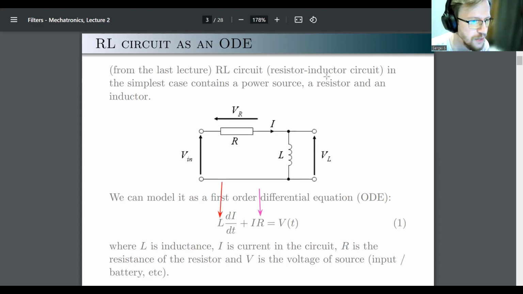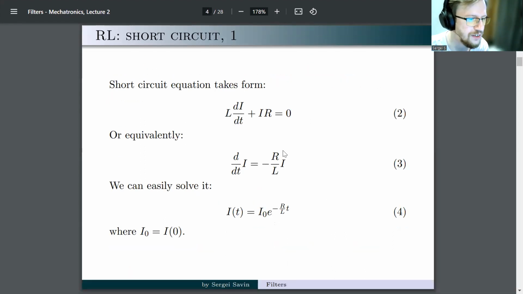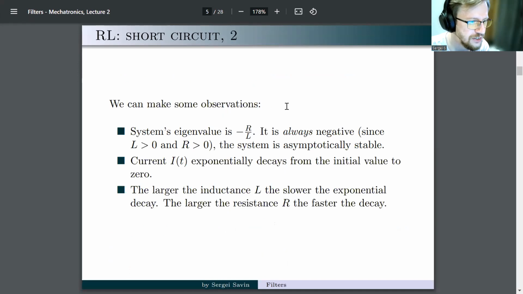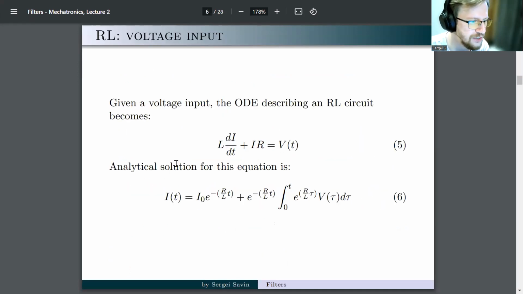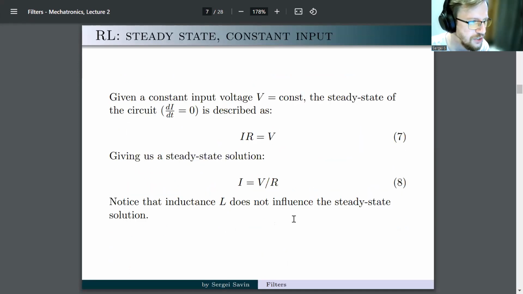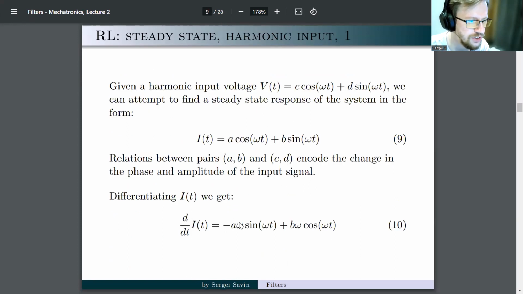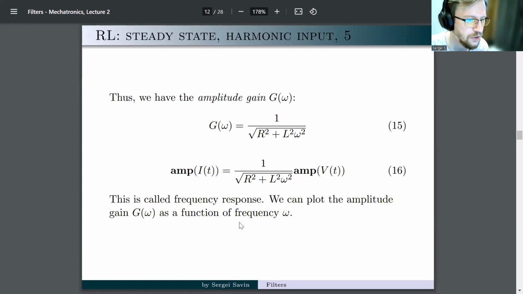Since the entire mathematics that we did here, the short circuit analysis, the analytical solutions, steady state solutions, even our analysis of harmonic input, depended only on the form of the equation, we can simply replace coefficients and we get correct results.